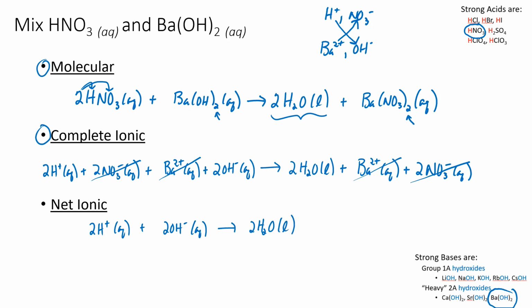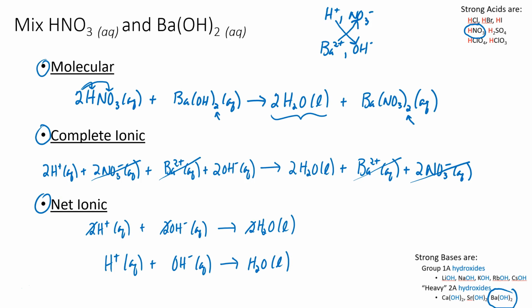But I think you know that we could do a little bit better. We always use the lowest set of coefficients. So we would just have 1 H plus, 1 hydroxide to form water. That would be the net ionic equation.